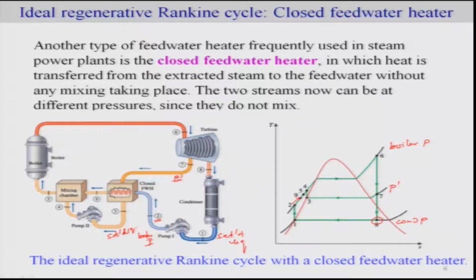Okay. And then this particular liquid, that means your 3, is pumped such that it is at the same pressure as your feed water, and that means it is pumped here such that it reaches this point on the same isobar, the same pressure, and thus your 4 and 9 are at the same pressure.